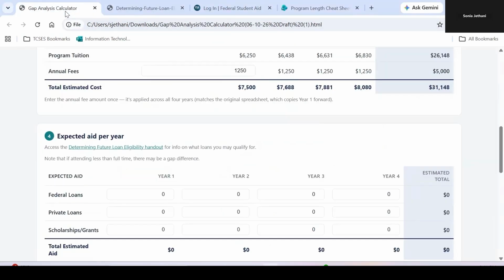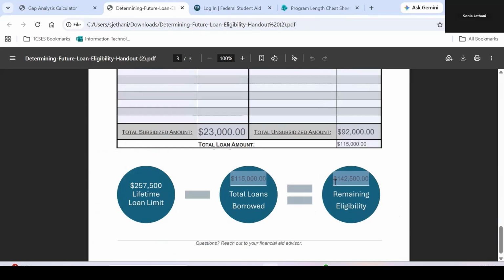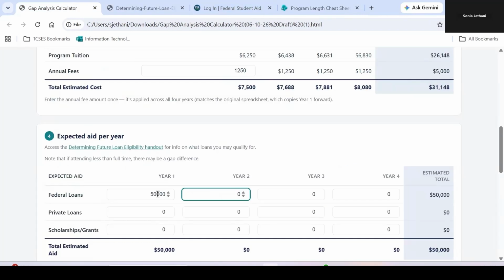Therefore, in the gap analysis calculator, for the purpose of this example, I am a professional student that has $50,000 in an annual loan limit each year, with a remaining amount of $142,500. Therefore, my first year, I will be able to borrow up to $50,000.